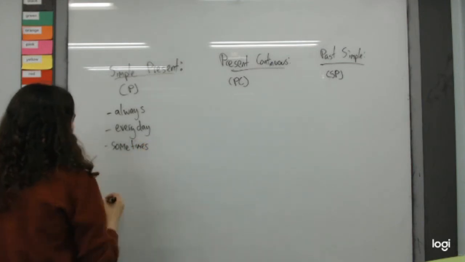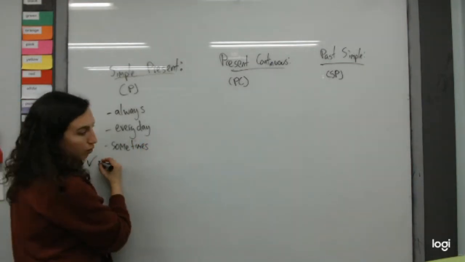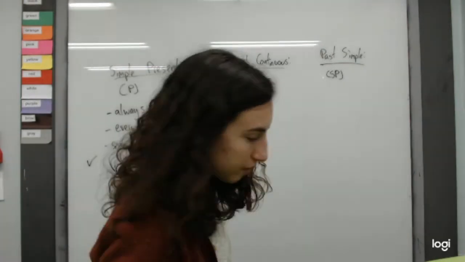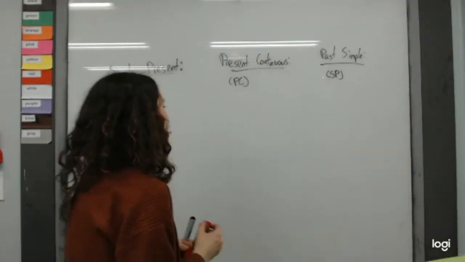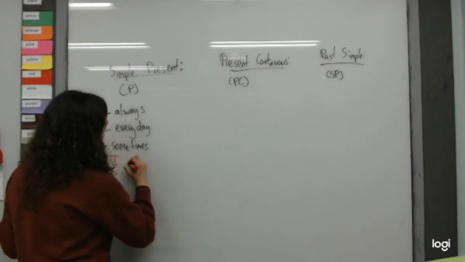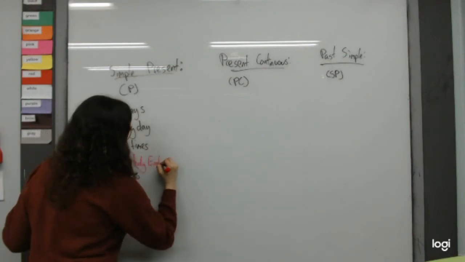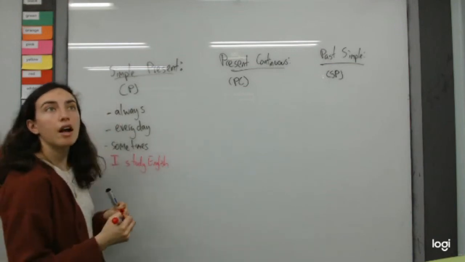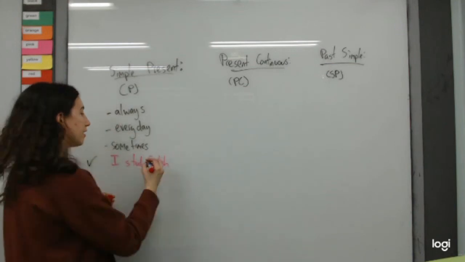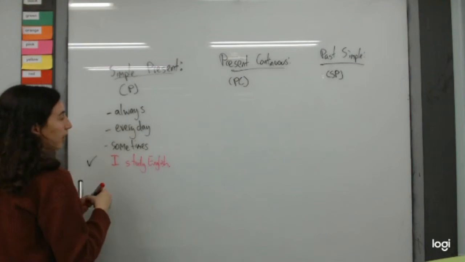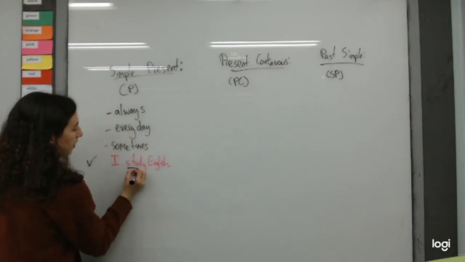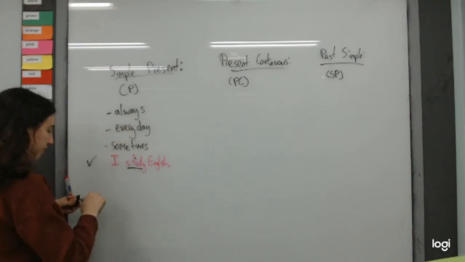When we have yes sentences, we have one verb. We can say, I study English. I always study English. So we use present simple. And we have one verb.